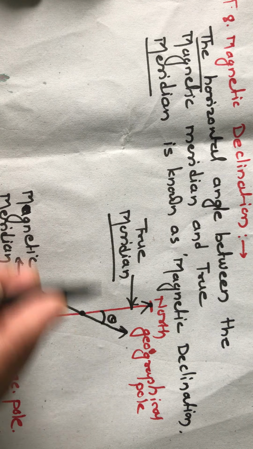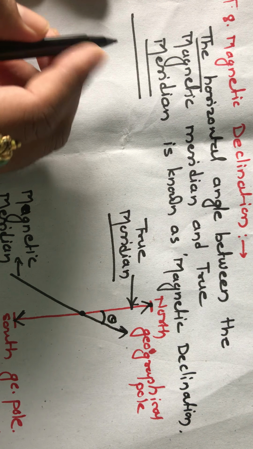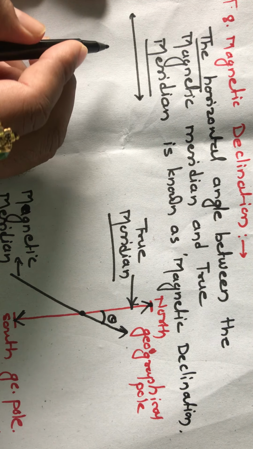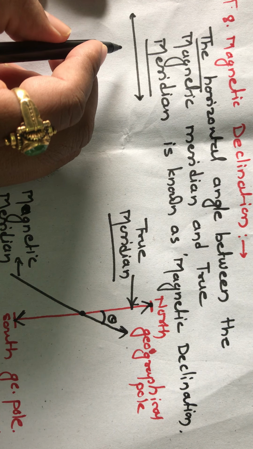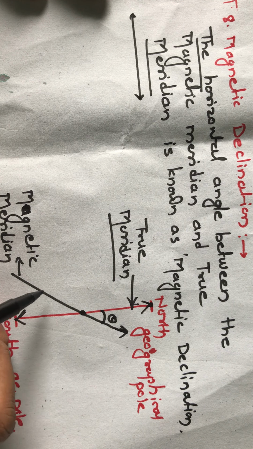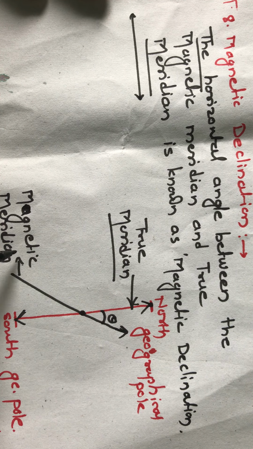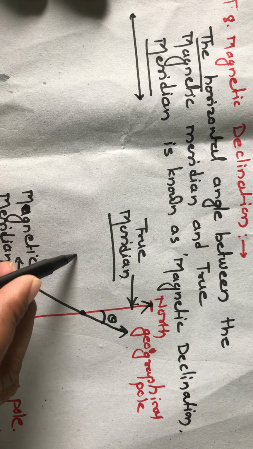It is very important. We have numericals based on the magnetic declination, so see carefully. Now we have two cases. One, suppose this magnetic declination is tilted towards the east side.